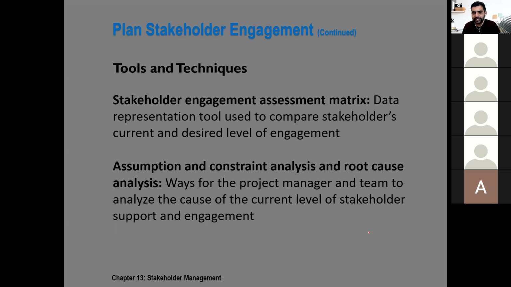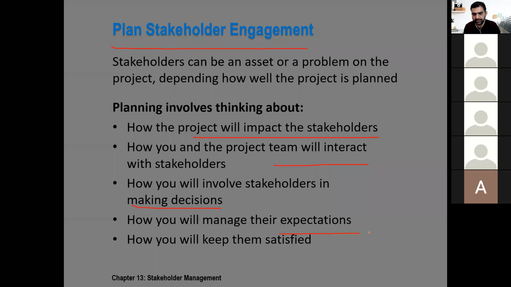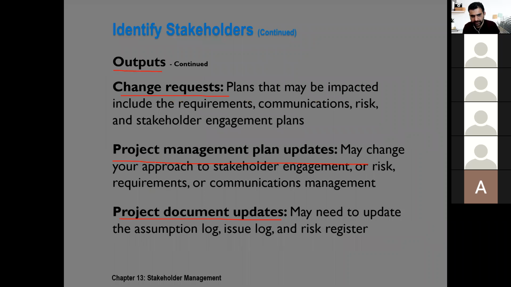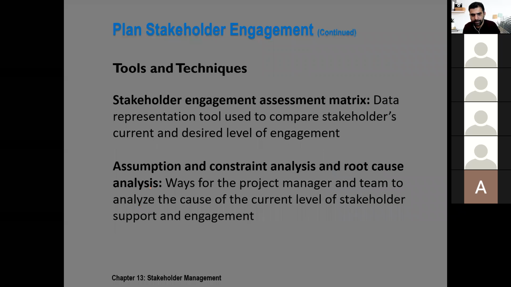Stakeholder engagement planning could be done with the help of the stakeholder engagement assessment matrix. This assessment matrix is nothing but, if I go to the previous slide, this matrix: influence, power, and interest. Let me go back to those slides.